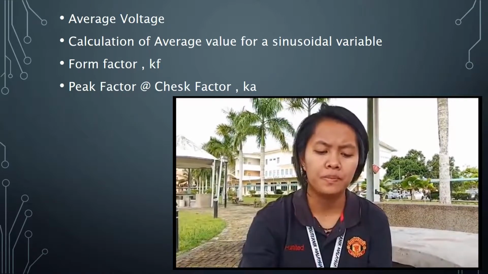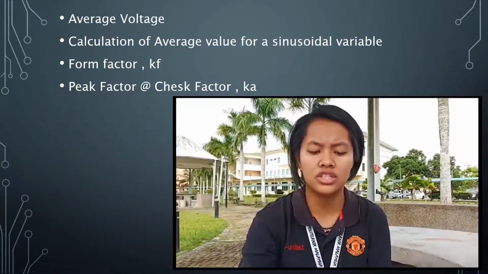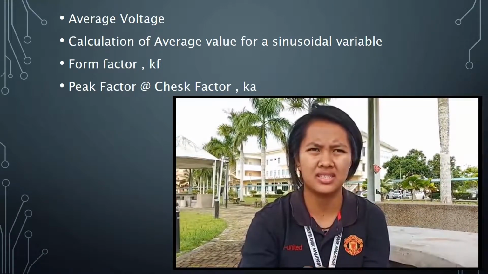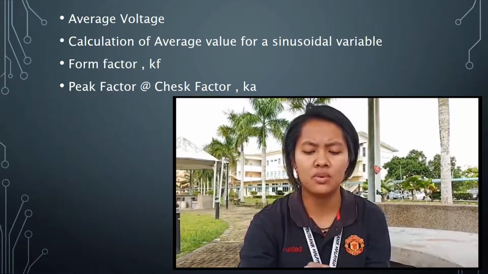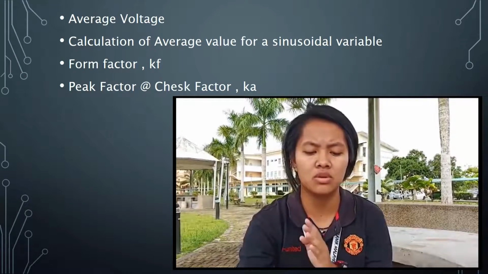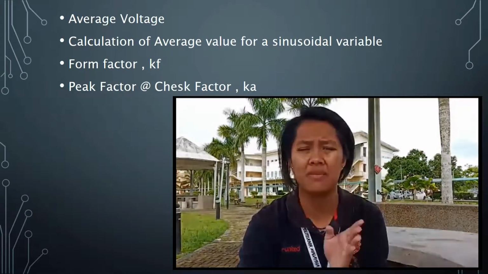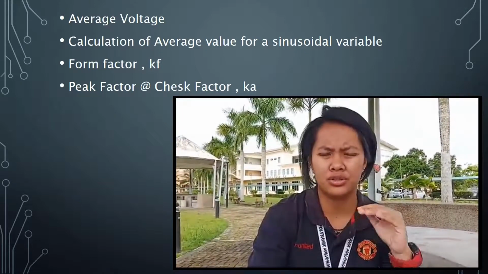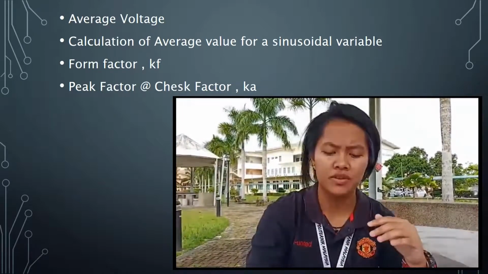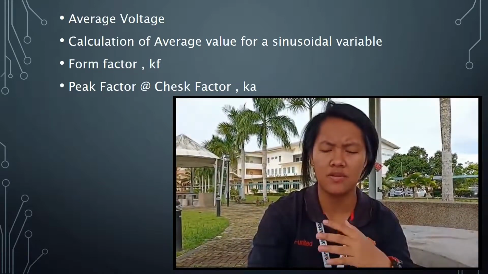Note for students, the RMS value is always greater than the average value, except for a rectangular waveform, in which case the heating effect remains constant, so the average and the RMS values are the same.